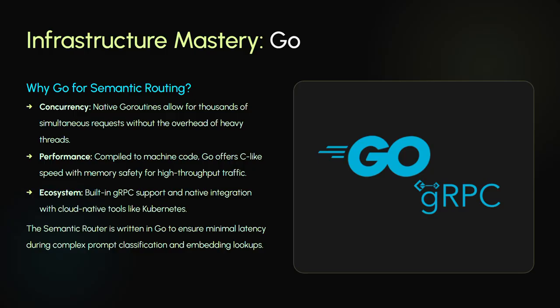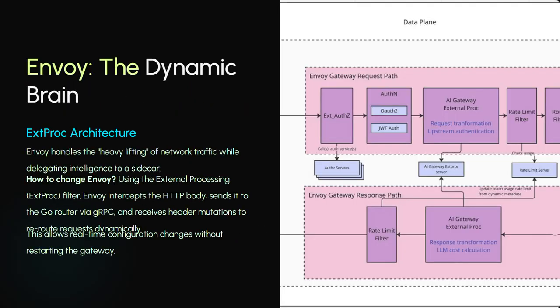And as we all know, Go has good support for concurrency, and it's a strictly typed language, so there are very few chances of getting any inference time bugs. Coming to the Envoy proxy, I explained what it is.